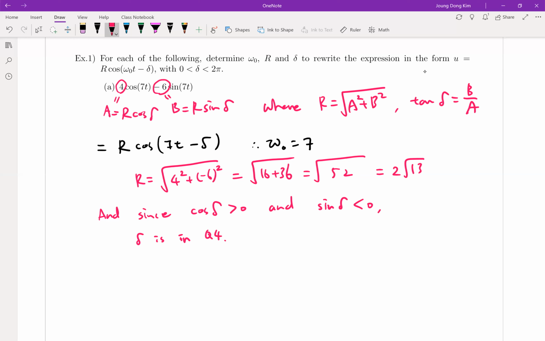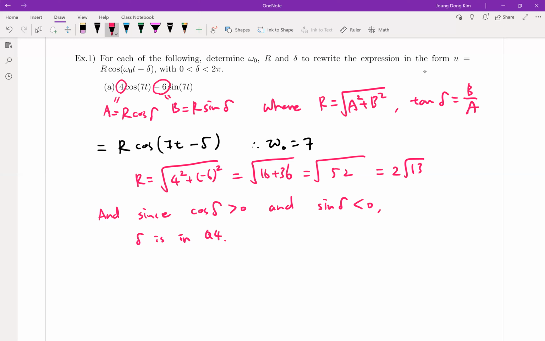Basically we're going to use tangent inverse to find the tangent inverse value. Since the domain of the tangent function will be from -90 to 90, does it make sense?